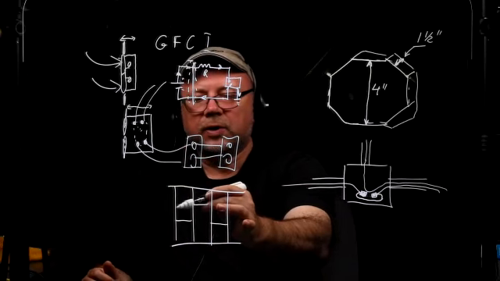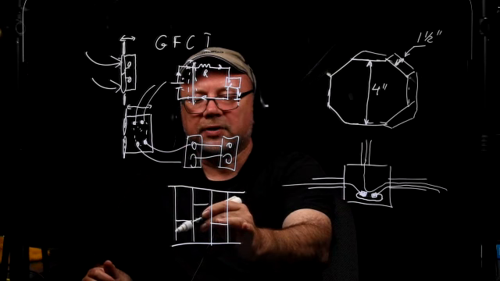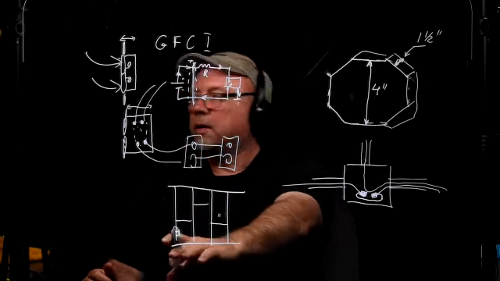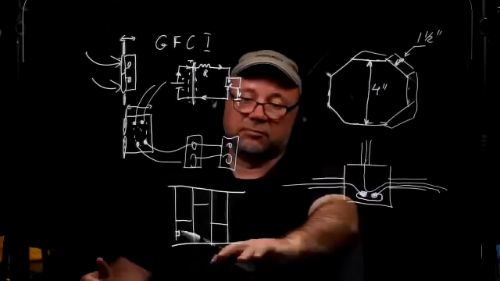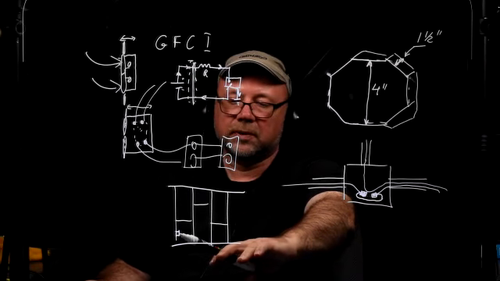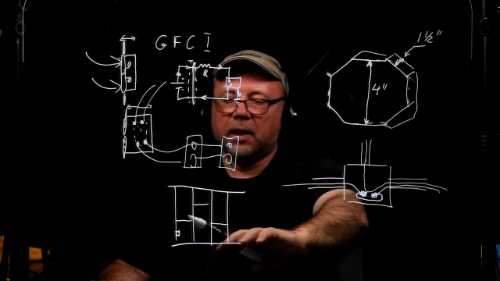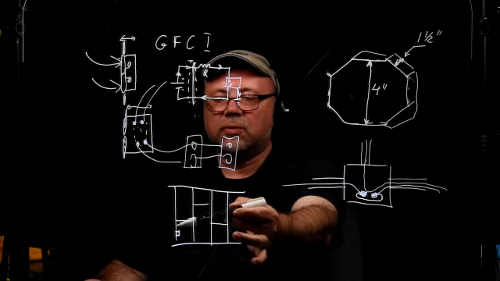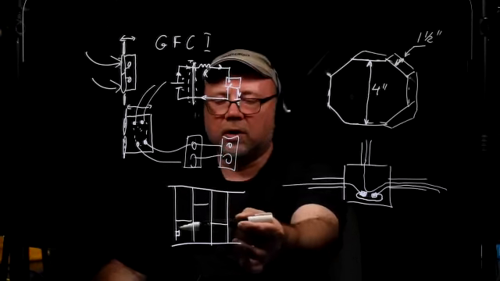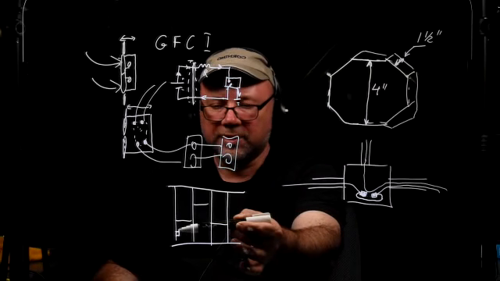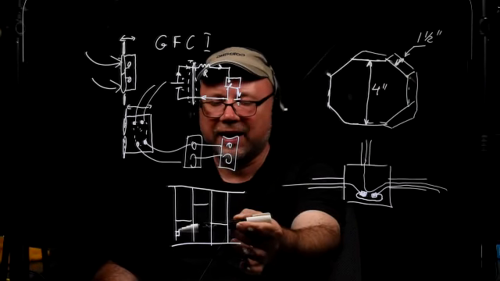So when you install a device box, like a single gang device box for, let's say, a receptacle, then when the drywall comes on top to cover the wall, that thing would be recessed, would be deep, because drywall is 1/2 inch thick.